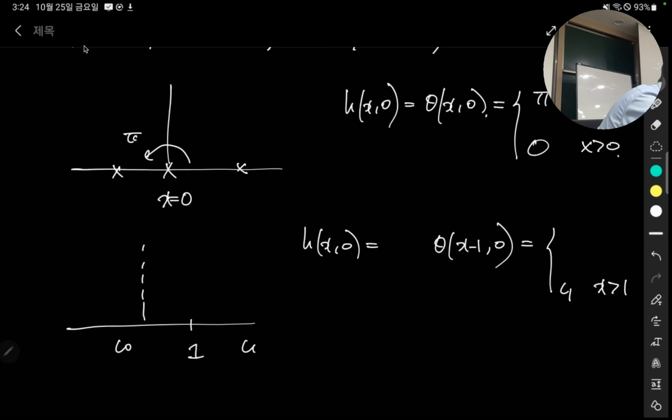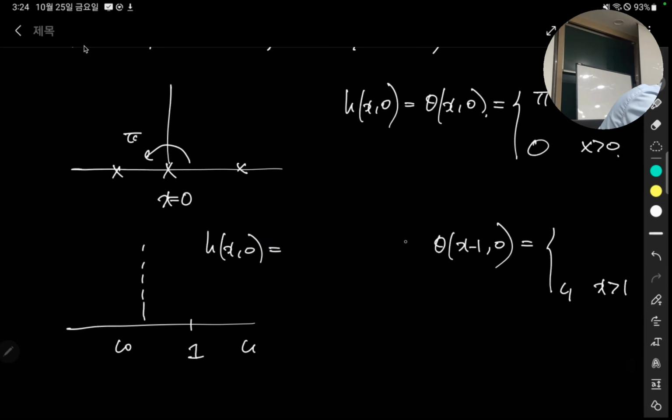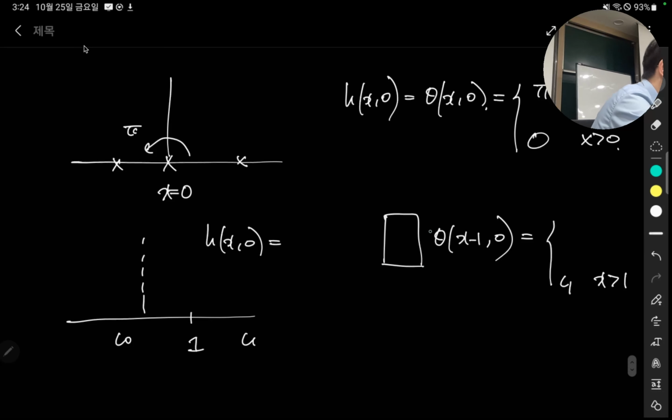But when x is bigger than 1, I know that this theta is always 0. So no matter what constant I multiply with this, it doesn't matter. As long as I have a constant C1 added here, then whenever I have x bigger than 1, I always get C1, right?